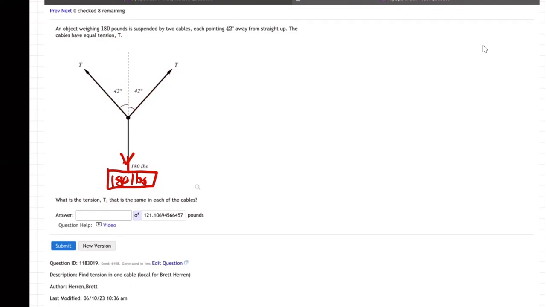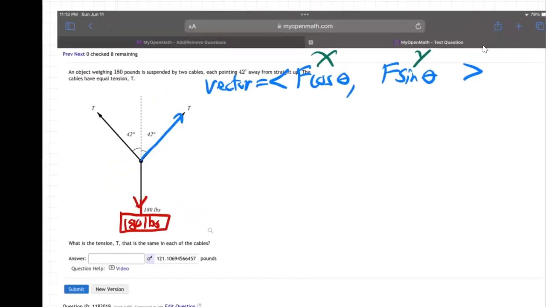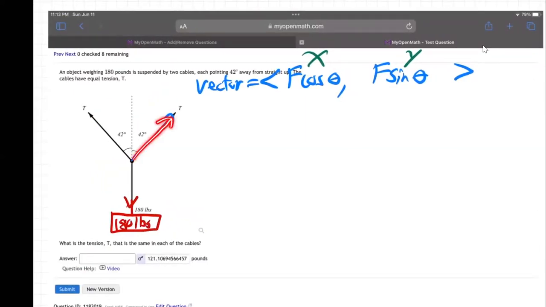Well, the way you always handle a vector, let's start this one with blue here. A vector has always got an x and a y component, and it's whatever the force is times the cosine of the angle, comma, whatever the force is times the sine of the angle. That's the x and y components of any vector, meaning if this cable is pulling up to the right and this cable is pulling up to the left, when a cable pulls up to the right, that means it's pulling right and it's pulling up.